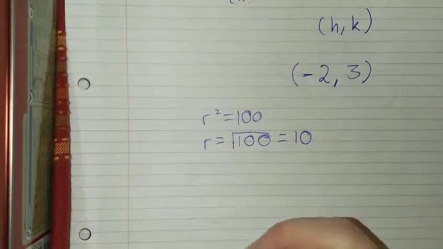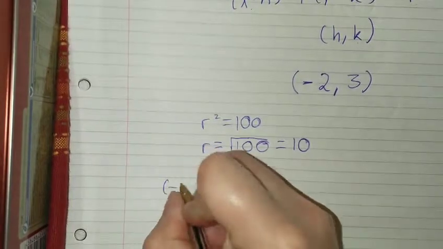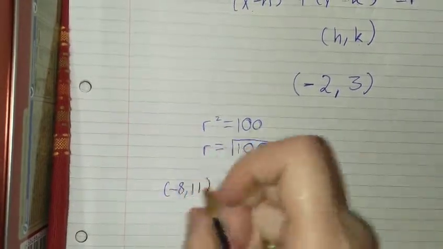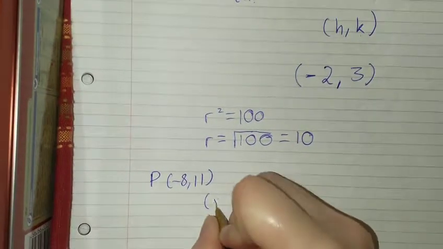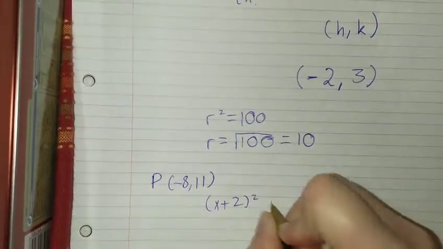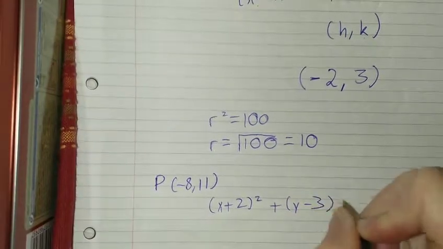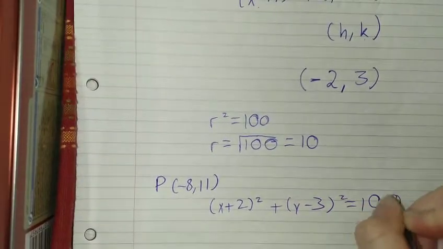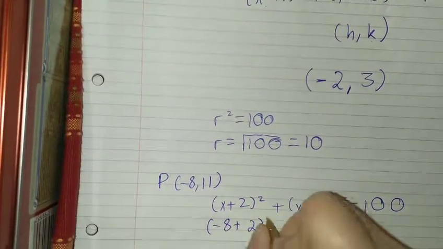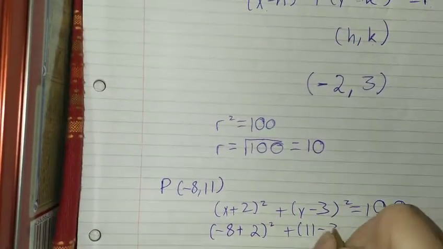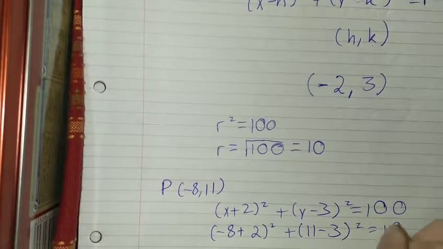And then I'm asked to show that the point (−8, 11), which is P, is on the circle. If I want to show that a point is on the circle, I have to sub it in and see if it works out. So in my equation of the circle, I'm going to sub in x equals −8 and y equals 11.